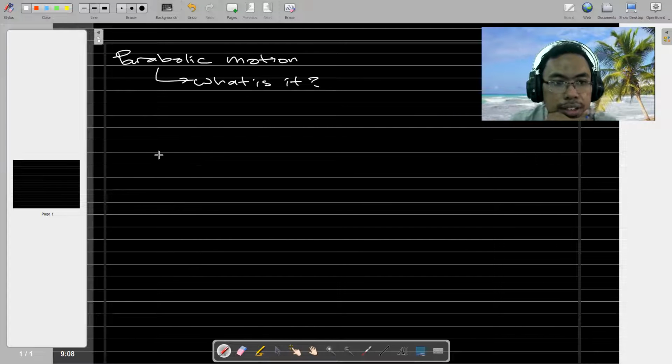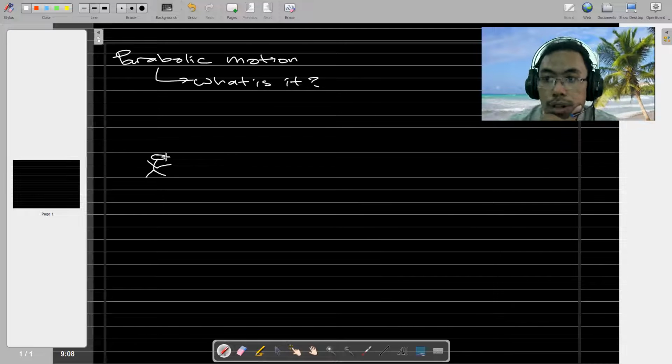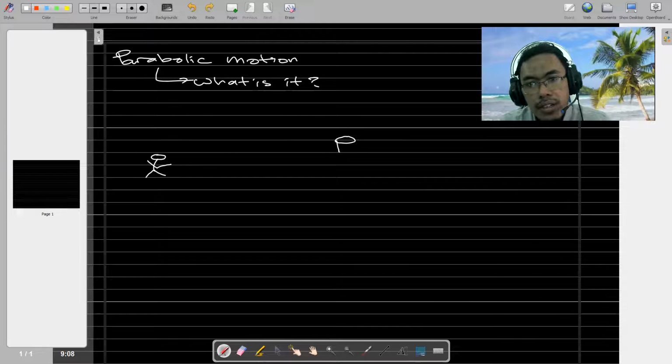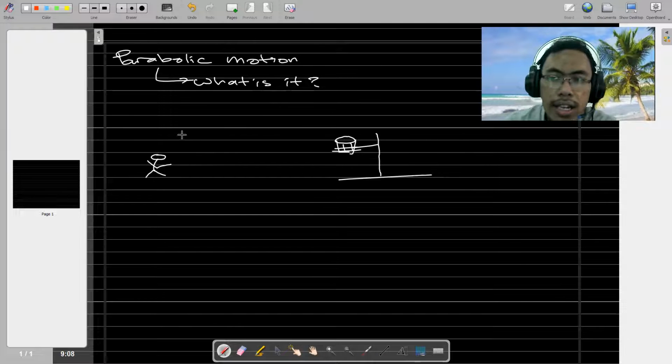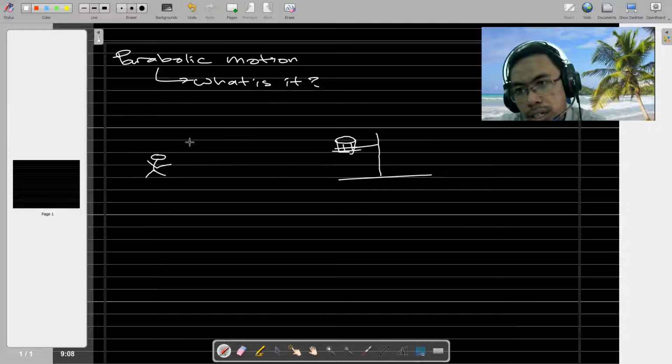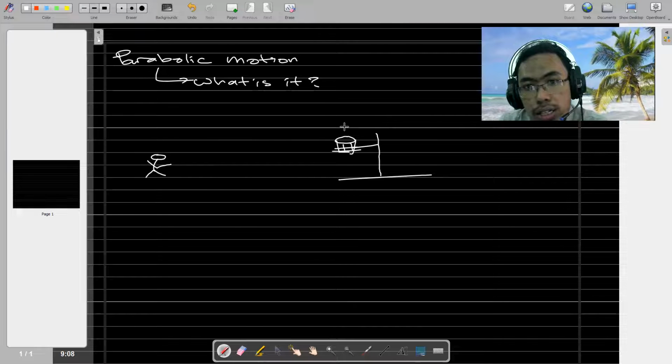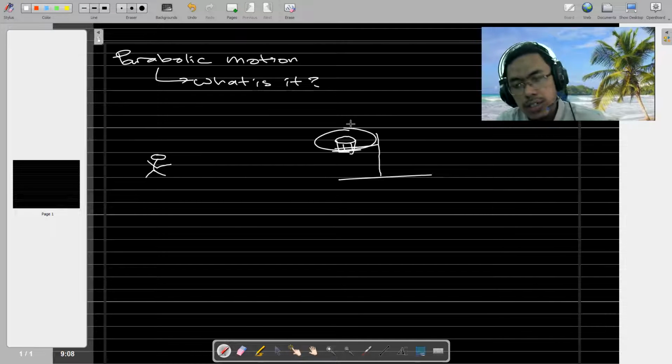Let's say there is a person and he throws a ball, let's say a basketball, and this is the basket, the basket ring. This person tries to put the ball into this point.